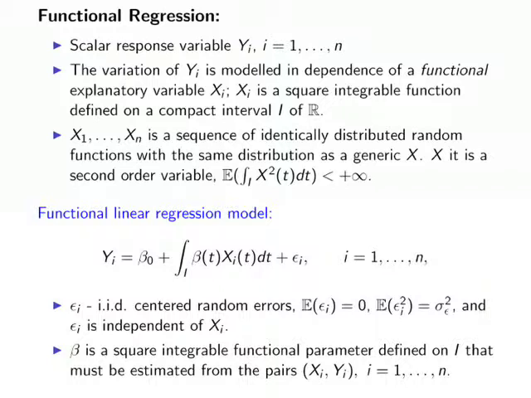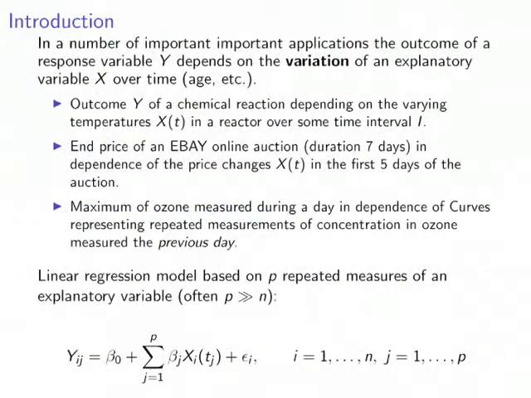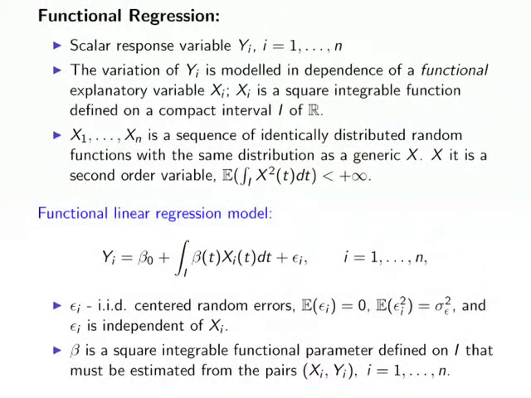And so usually the setup would be that this is a sequence of identically distributed random functions. In the functional linear regression model, what you have here is something like a Riemann approximation to an integral. These are just discrete measurements of a curve at discrete time points, and if p is very large, this will be close to the integral.